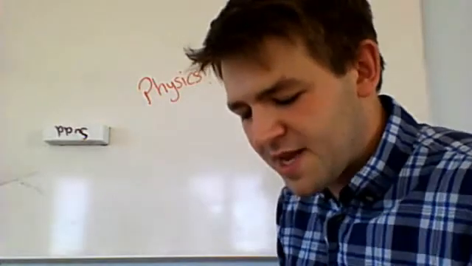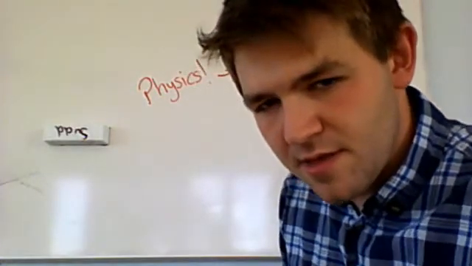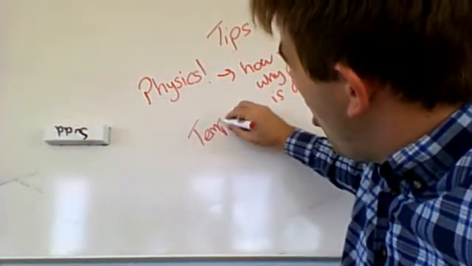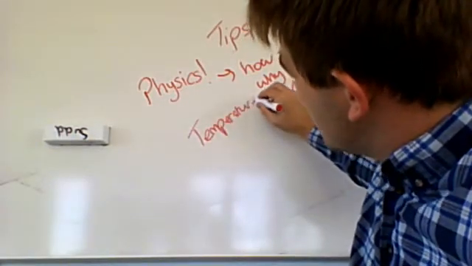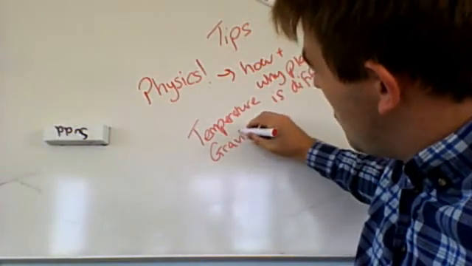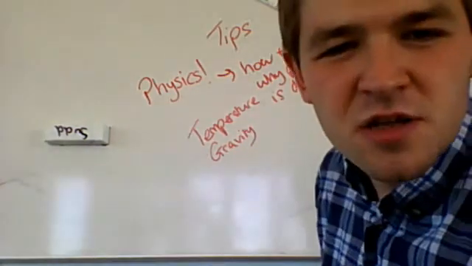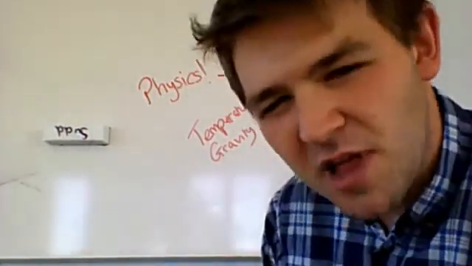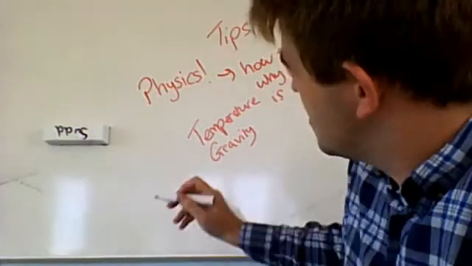So, for example, you talk about the temperature. How hot or cold the planet is. Or maybe the gravity. Is there more or less on the planet? Or many other things. They're the two that are most obvious. They're the two covered in class.